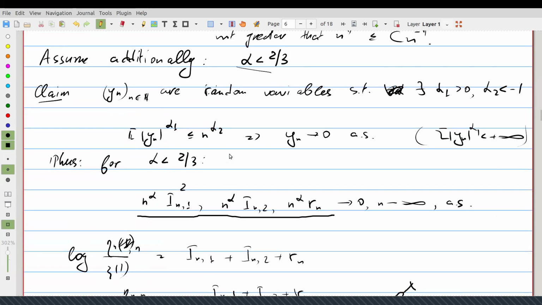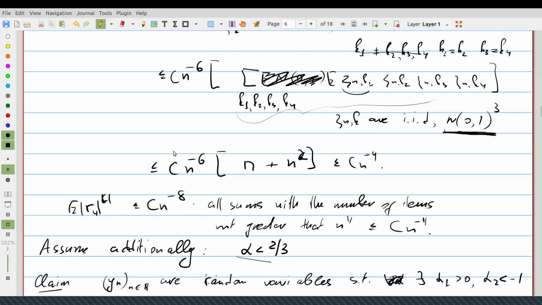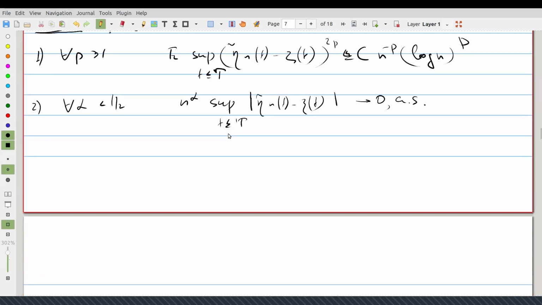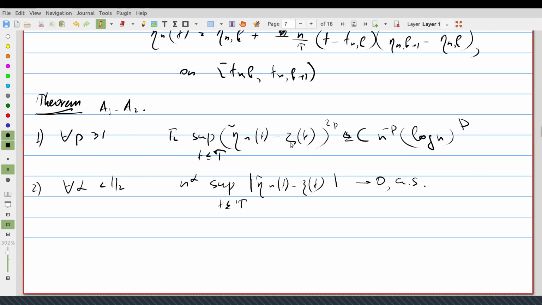We will still consider some powers of these expressions. It would pretty much lead to the same conclusion. I'm not going to prove this result. I just want to explain a bit why this is true.